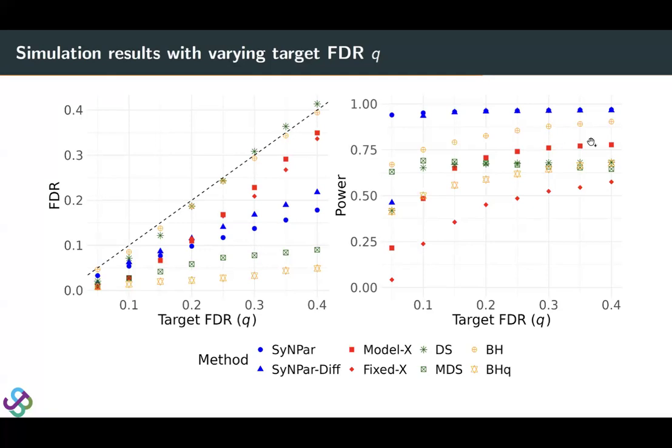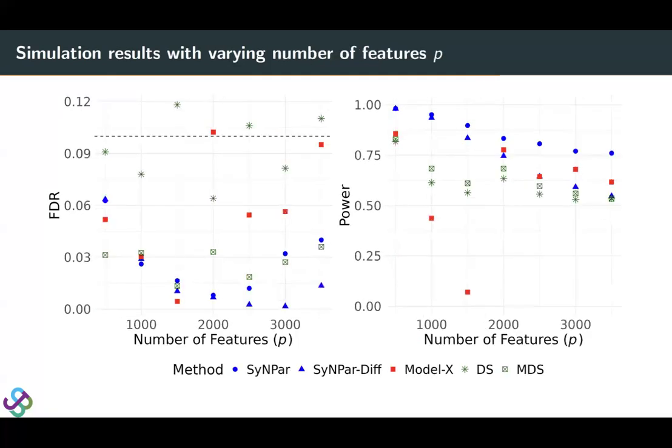SyNPar still has the power advantage. And finally, the number of features: the power advantage of SyNPar still holds, and so does the control of FDR. Especially, SyNPar has less sporadic changes as p changes compared to Model X knockoff, in terms of FDR and power.